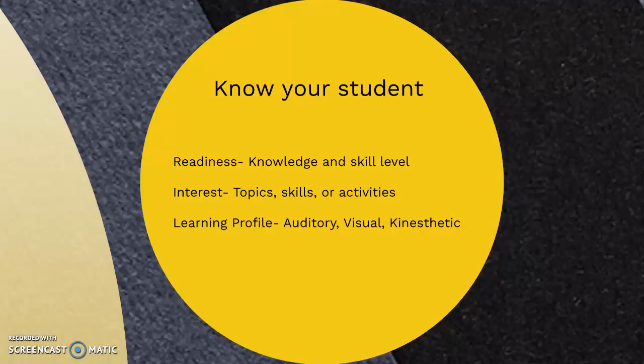And then another way to know your students is learning profile. And learning profile is the student's preferred method of learning: auditory, visual, kinesthetic. For me, for instance, I'm a very, very big visual learner.